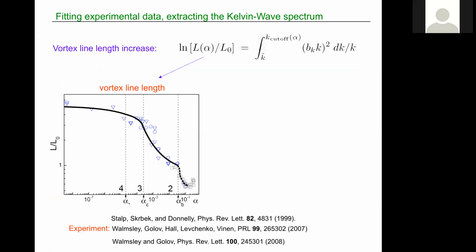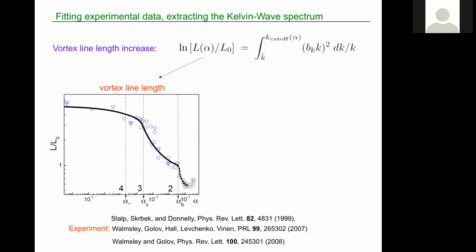versus the mutual friction coefficient, which you can think of as temperature. So effectively, this is temperature and going down that way. So as temperature goes down, the line length increases because you have more and more length scales entering the system, and the vortex line becomes essentially fractalized in a wider and wider range of scales.